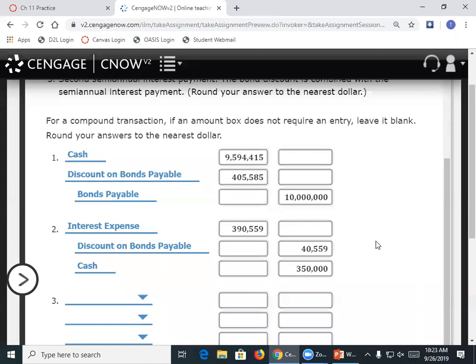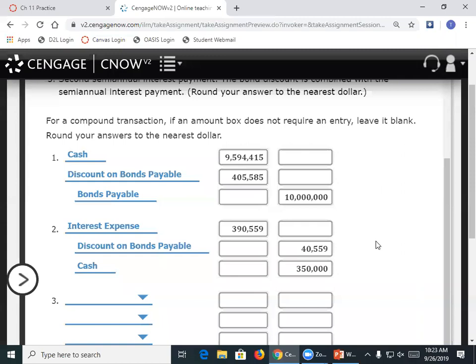So what's happening over the life of this bond, just to illustrate? You have the bonds payable. When we issued it, we issued 10 million of bonds payable.